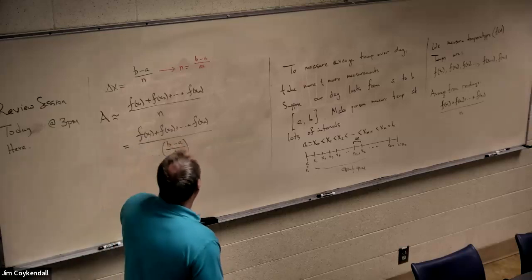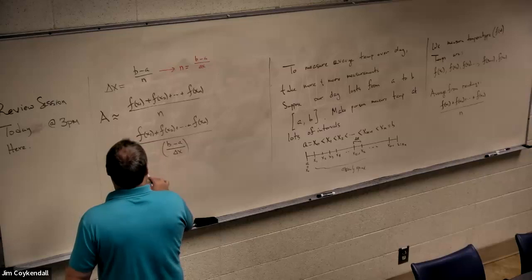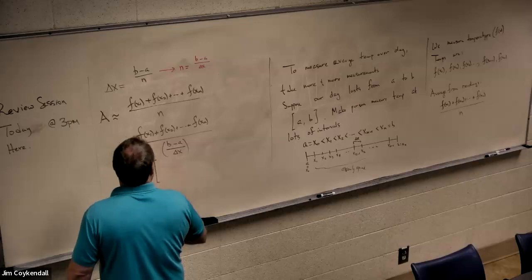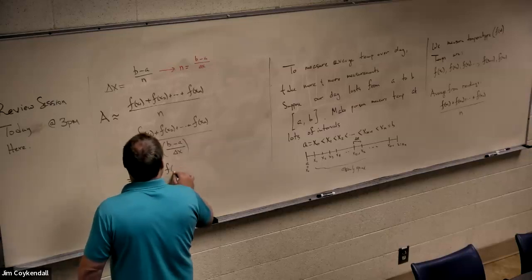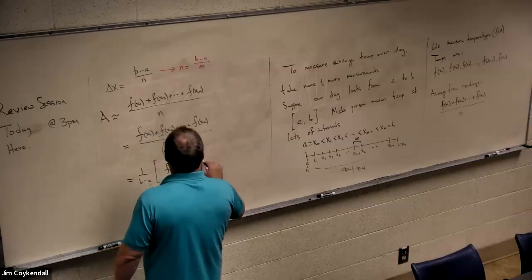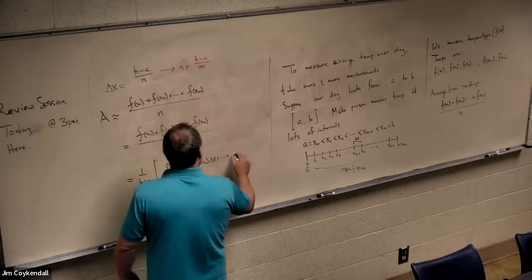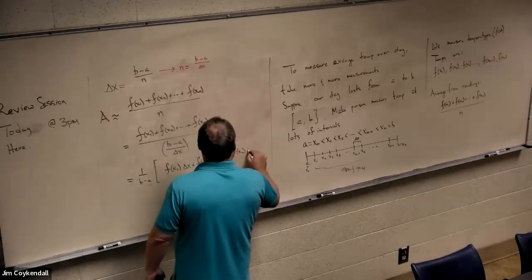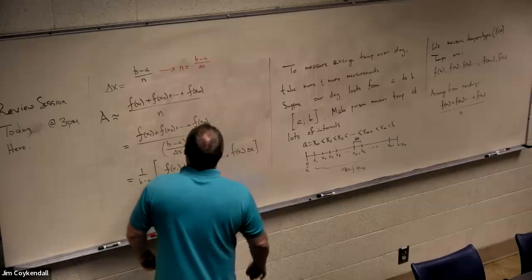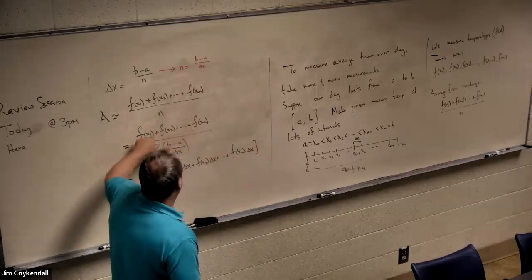Now I hate stacking things like this, so let me rewrite this this way. This is 1 over b minus a. So what I did is I pulled the 1 over b minus a out and I put delta x over all that.